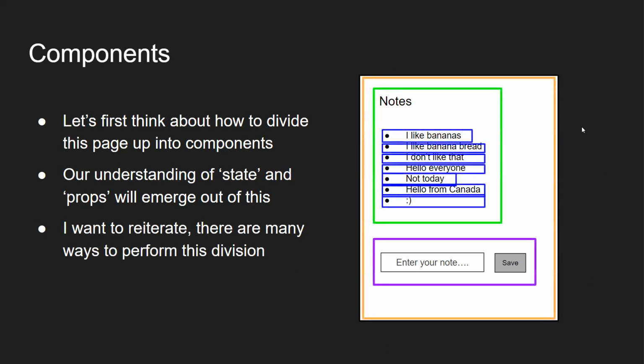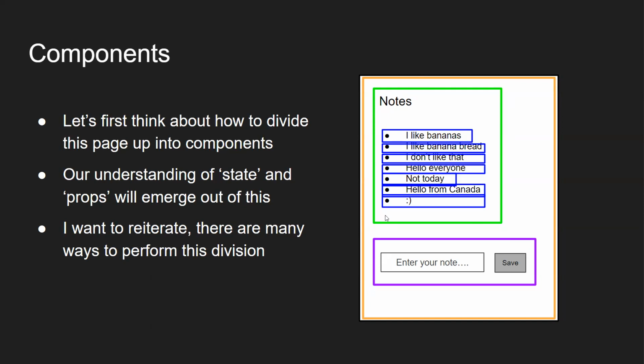Okay, so these colored boxes represent components. If a box is inside of another, that means that component is inside of another component. This light orange box is meant to be the app itself, everything. Inside of the app, we have a light green box and a purple box.